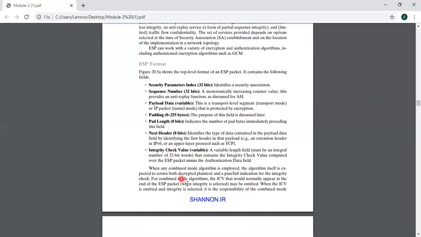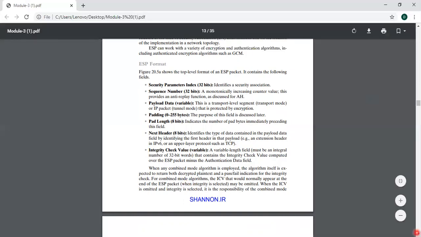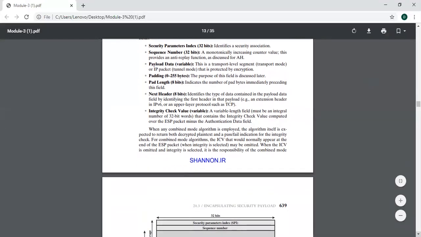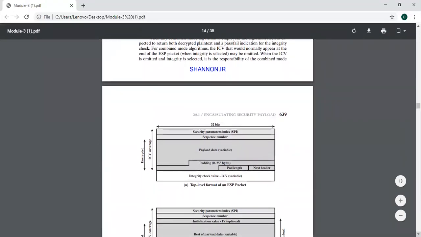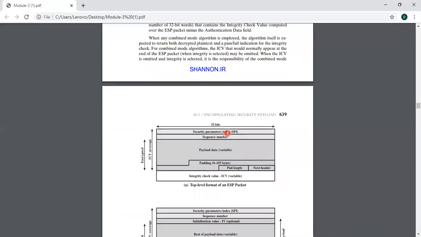We have discussed figure A. First we discussed SPI, the Security Parameter Index, a 32-bit field that identifies the security association. Next is sequence number, also 32 bits, which provides an anti-replay function.